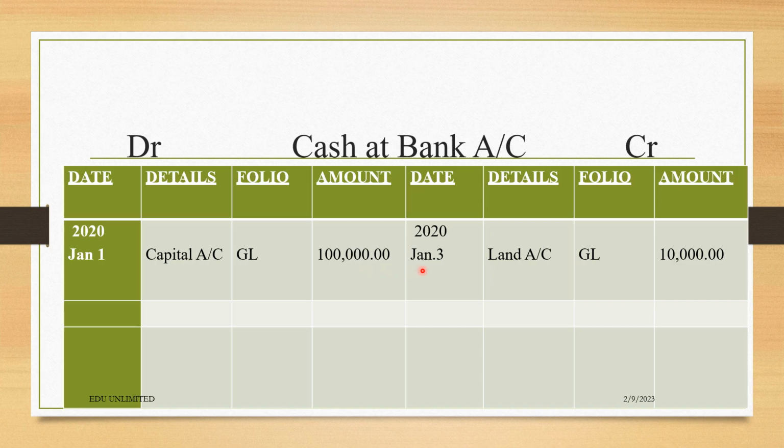But to decrease the asset, because purchasing the land for $10,000 would decrease the cash at bank account, we would credit this asset account on January 3 under details land account, folio GL, meaning general ledger, and the amount $10,000. So this is how our cash at bank account would look after completing the second transaction.